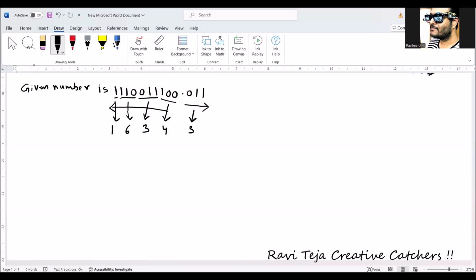So the octal representation of 1110011100.011 of this binary number is 1634.3 of octal. This is the answer after converting that into octal representation.